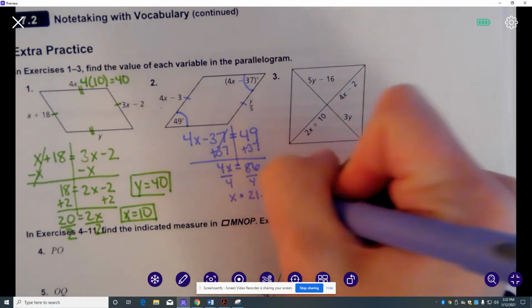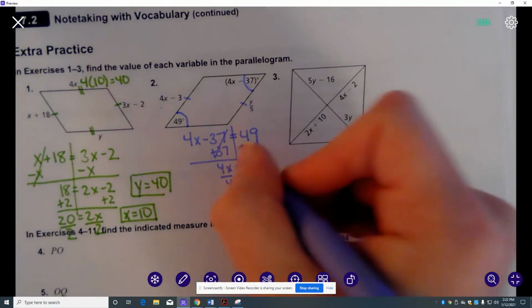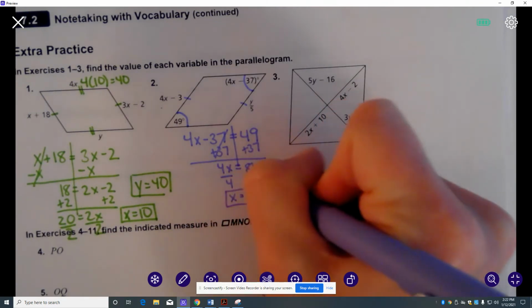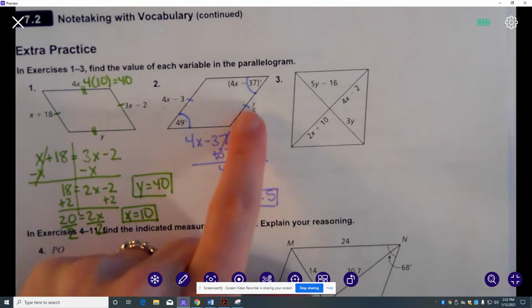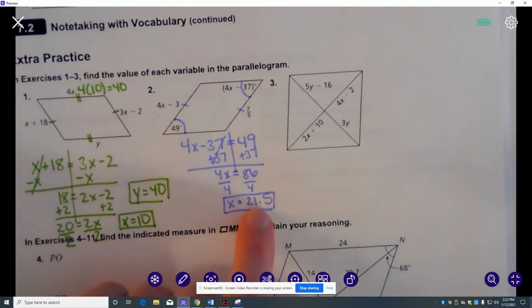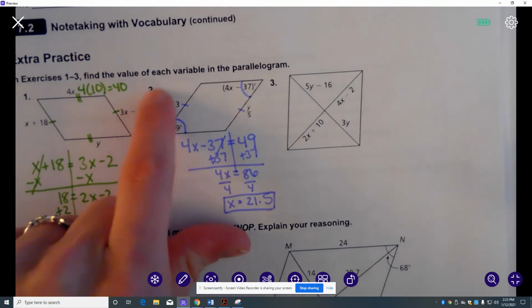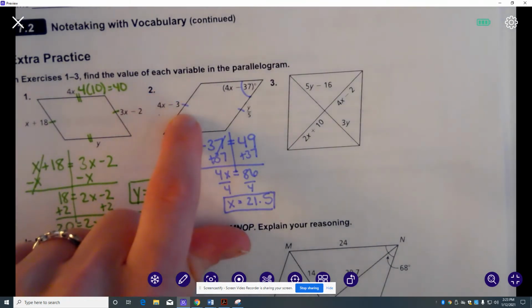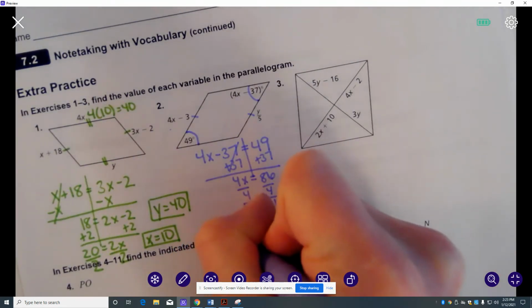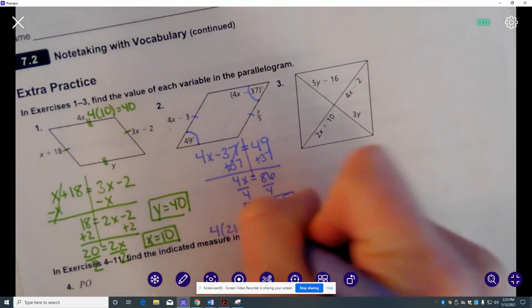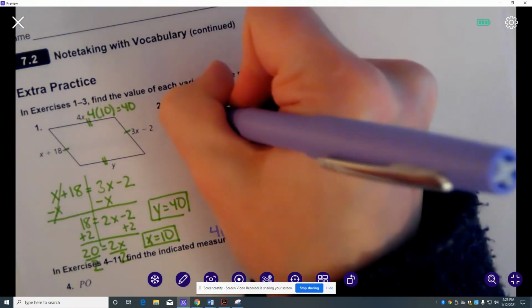And I get that x is equal to 21.5. This will now help me solve for y. So I can substitute 21.5 in for x to get an actual length for this side. So 4 times 21.5 minus 3 gets me a length of 83.